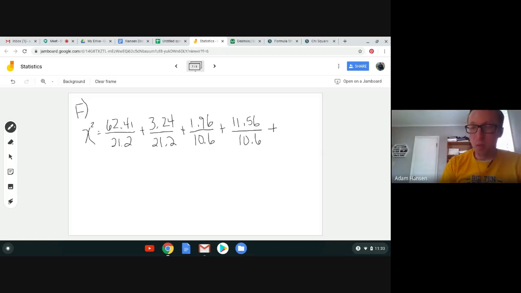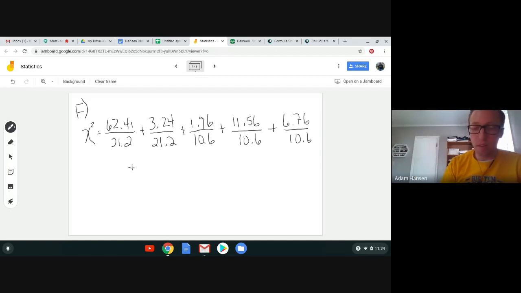Square it, that's 6.76, divided by 10.6. We add one more down here. For the brown, 20 minus 31.8 is negative 11.8.